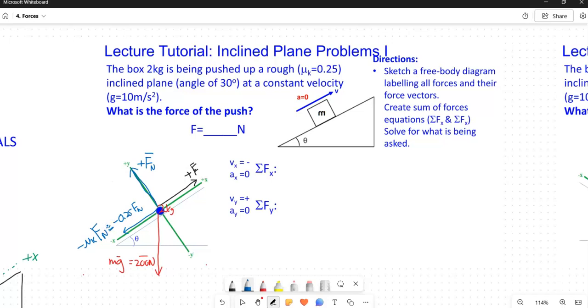Okay, so that is our force diagram. Now, normally when you have a vector, in this case our mg vector, that is not aligned to the coordinate system, it's pretty easy to tell what angle it is. And the problem is right here, our angle, 30 degrees, is right there.